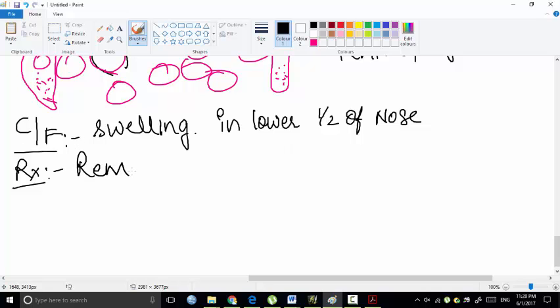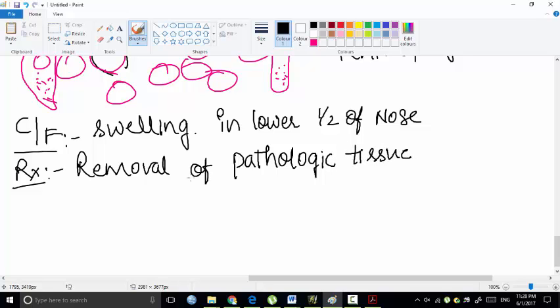Removal of pathological tissue, but we shouldn't disturb the bone or cartilage. Just the pathological tissue should be removed, and then after removing the tissue, you should regrow the skin.